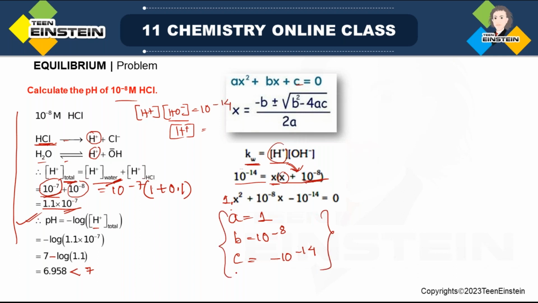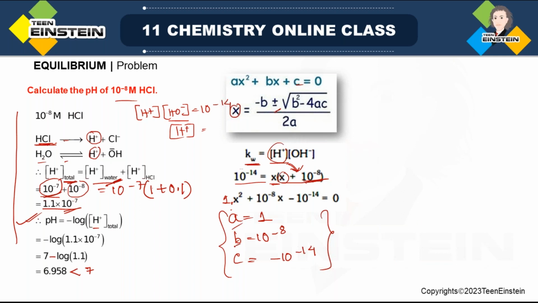To solve this type of equation, the value of X is equal to minus B plus minus root over B square minus 4AC divided by 2A. So there will be two values, but we will take only the plus, the positive one.